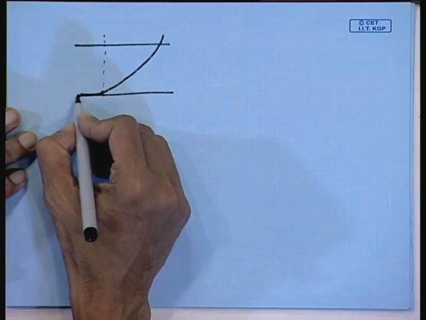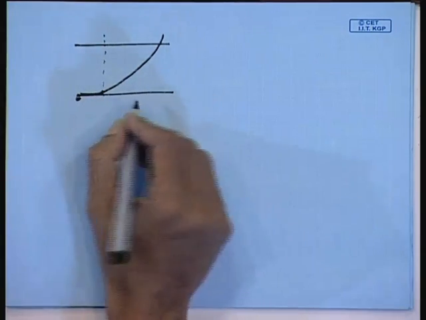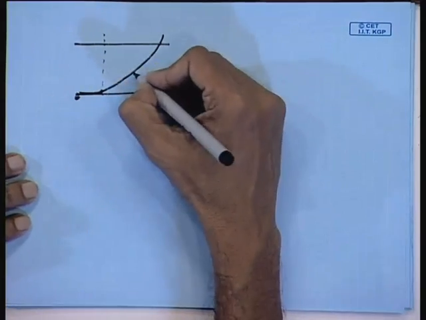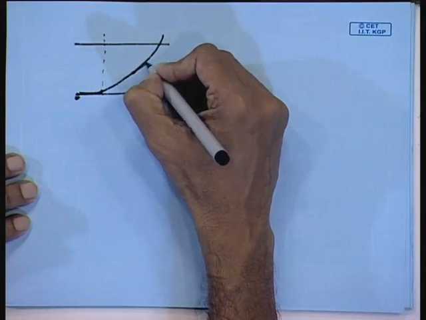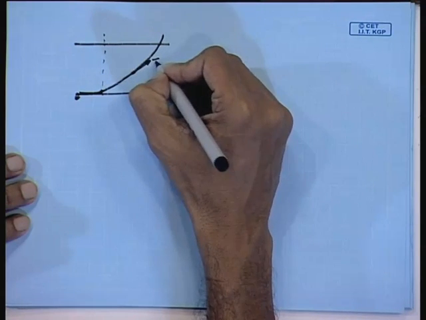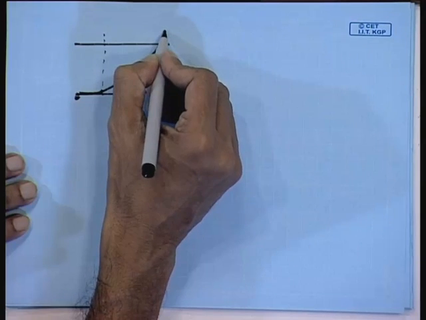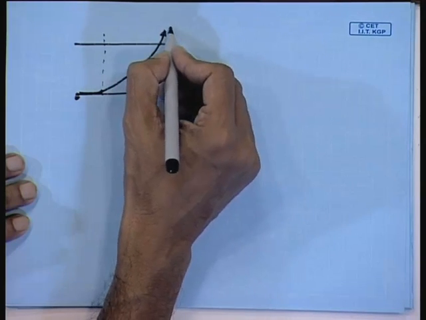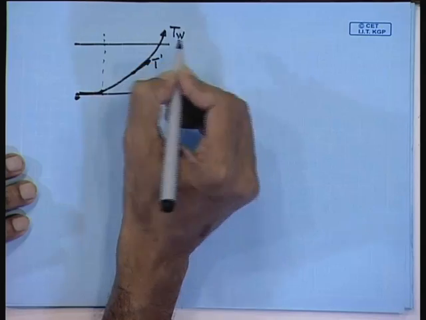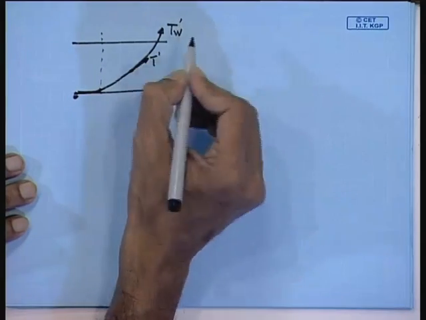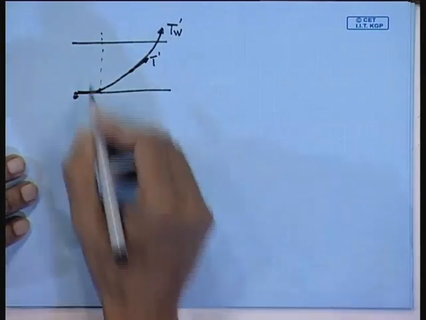It is anchored at this point. There is a tension in the cable, and out here at the water surface it is T'W.